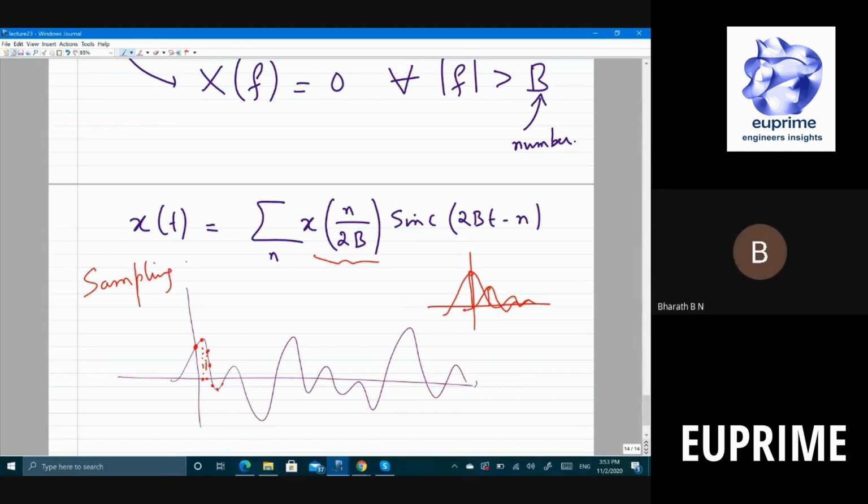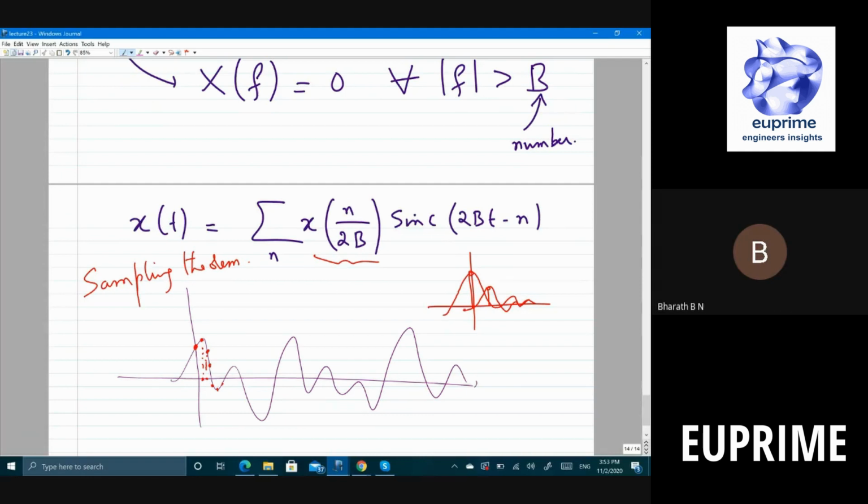Sir, can we visualize it in the Fourier domain? If we have a band limited, rectangular kind of a filter or window, in the time domain it will be sinc. Yes, that is what the equation says. No, what you are looking at is a very special case.